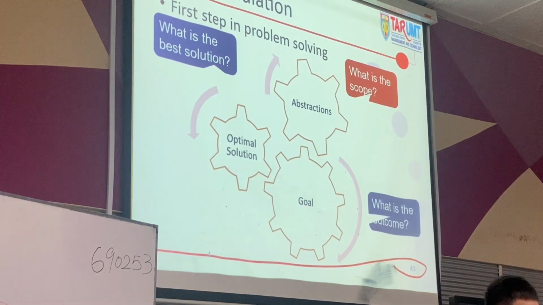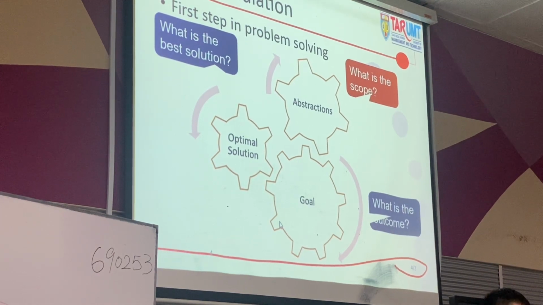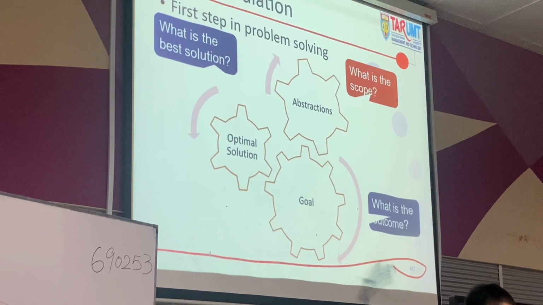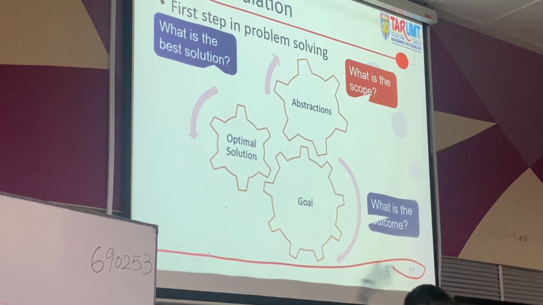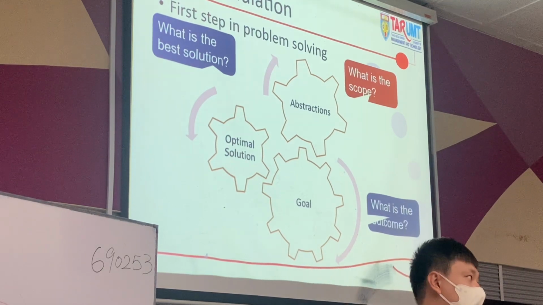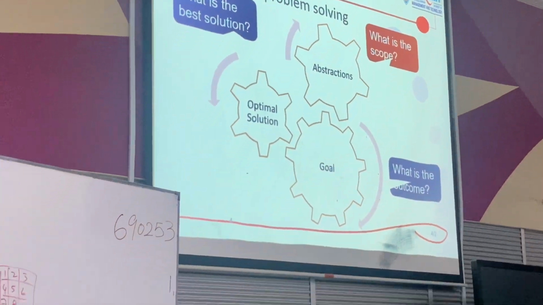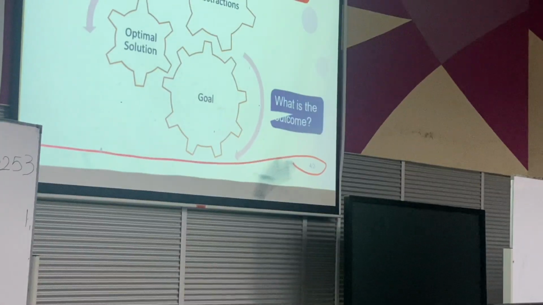The second one is optimal solutions. Optimal solutions stand for the best solutions that you would like to achieve. Different users may have different optimal solutions. Maybe you would like to reach the destination in the shortest distance. Maybe you would like to reach the destination with the cheapest petrol.